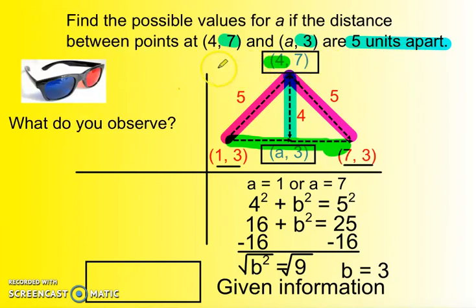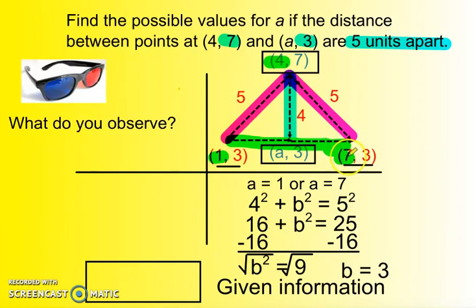So 3 spaces to the left on a number line would bring us to 1. So I could have an x-coordinate of 1 and the y-coordinate will remain the same as 3. Or if we go 3 spaces to the right, that would bring us to positive 7.